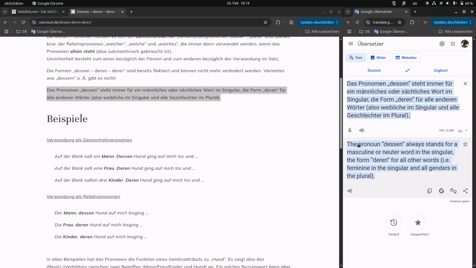Like the pronoun "dessen" always stands for a masculine or neuter word in the singular, the form "deren" for all other words, in other words feminine in the singular and all genders in the plural. So it's basically like "die", where it's the feminine singular form, and "die" is the plural form.